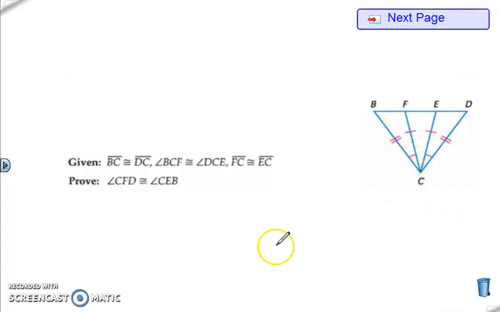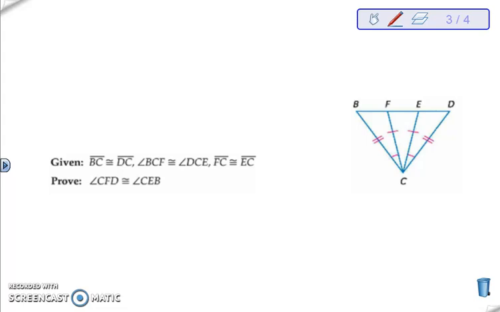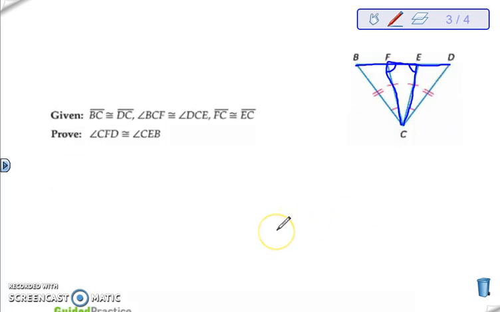All right, so example 2. This one's a little bit different. So we are looking to prove that CFD is congruent to CEB. Now, there's two different ways we can get to this. One of them involves isosceles triangles and another involves congruent triangles.